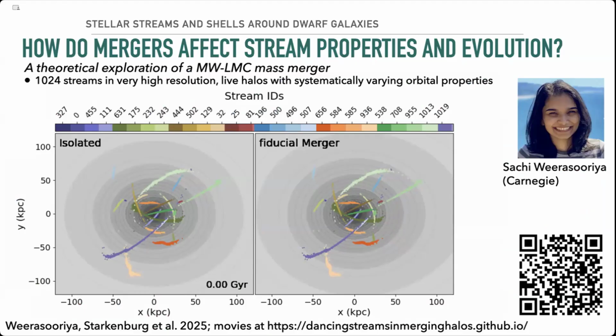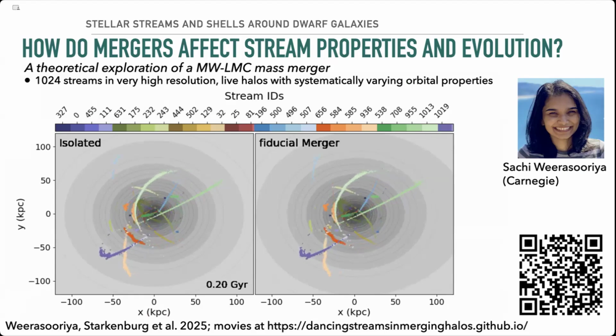They have different evolutionary histories than our own Milky Way. And so one question that we wanted to study is how mergers affect the stream properties, and do streams survive mergers? So we set up a simulation to test this and study how these streams are affected by large changes in the potential that they live in.